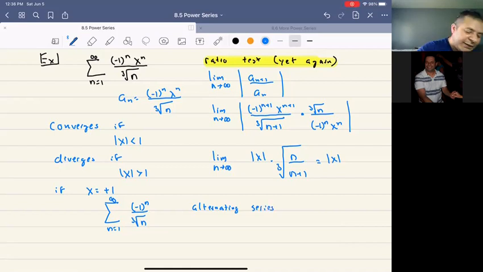Our b sub n is 1 over cube root of n. That's going to be decreasing, and the limit as n goes to infinity of b sub n equals 0. So this is a convergent alternating series.